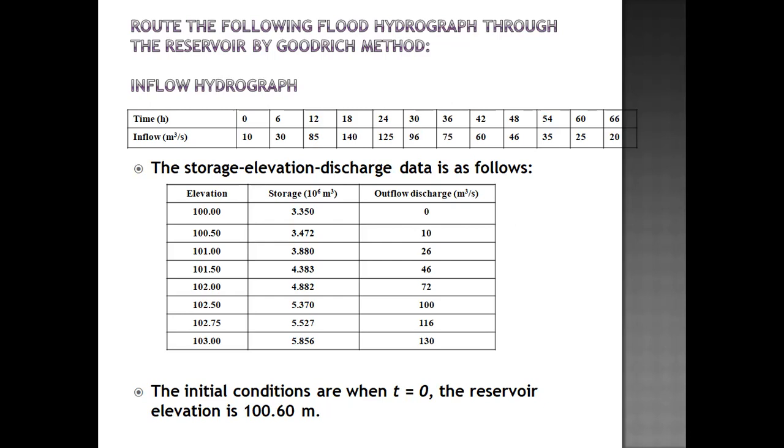The elevation 100, storage 3.350 times 10 power 6 meters cube, outflow discharge 0.